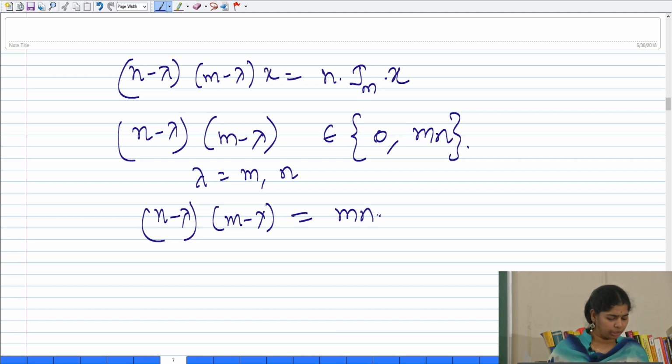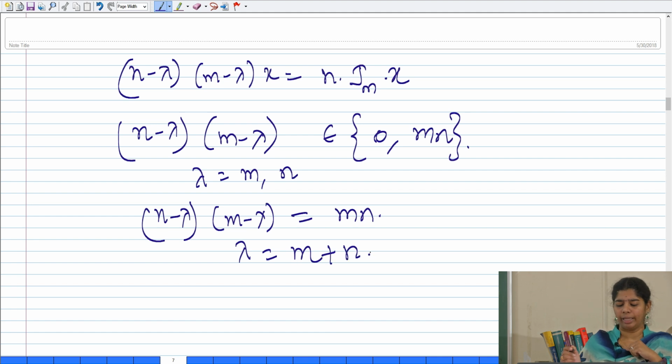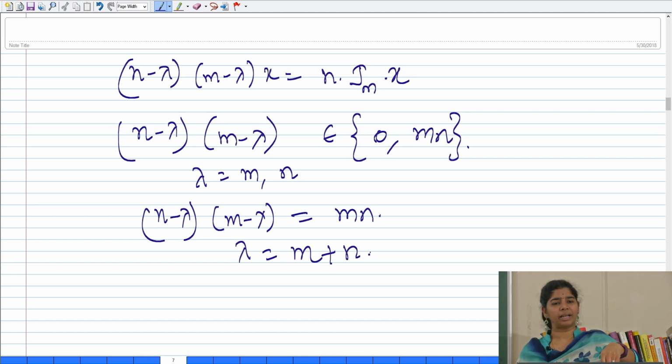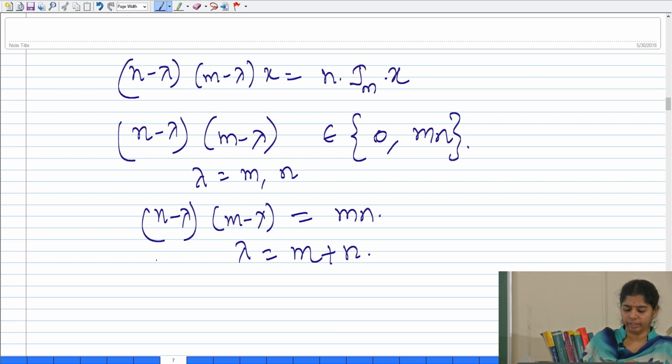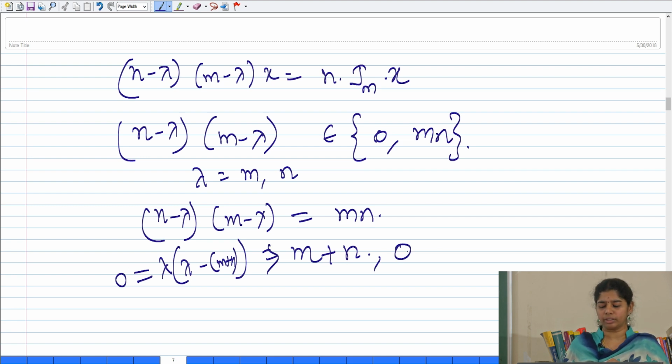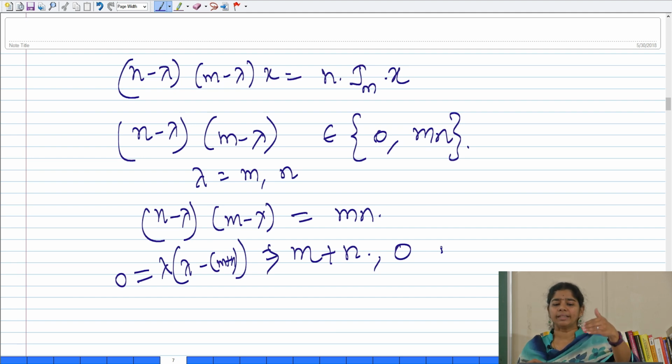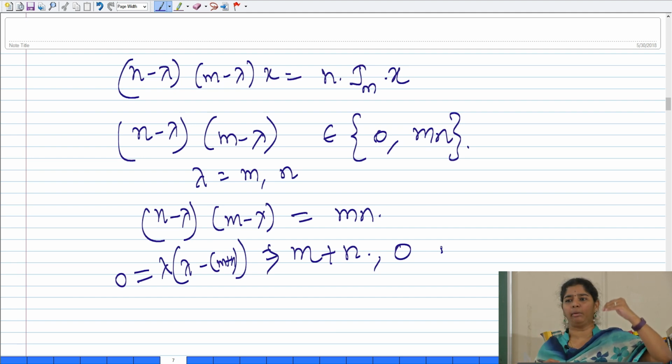If you expand the left hand side, you get lambda square minus n plus m into lambda, plus mn term, that gets cancelled out. So, you will just have lambda into lambda minus of m plus n equal to 0. So, solving this, you get m plus n or 0 to be eigenvalues. So, these are the 4 eigenvalues that are possible for my Kmn, right.